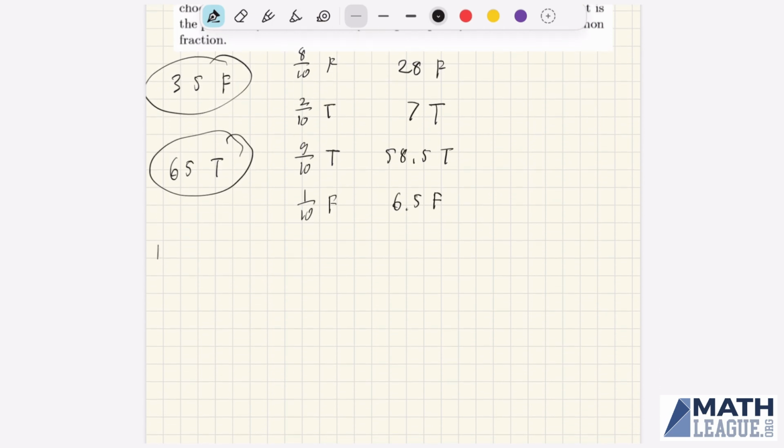Bayes' theorem says the probability of event A happening given that event B happened is equal to the probability of event B happening given that event A happened, times the probability of event A happening, divided by the probability of event B happening.